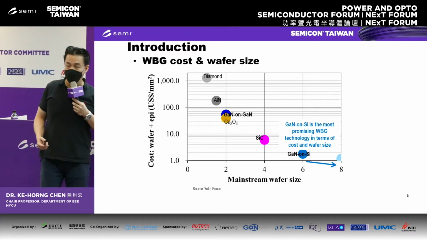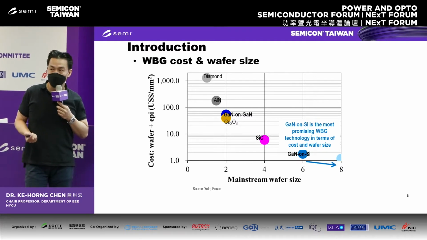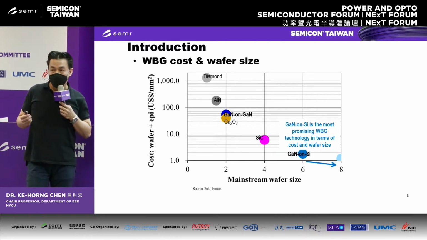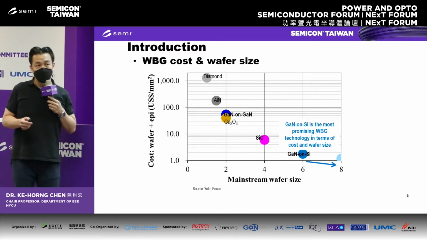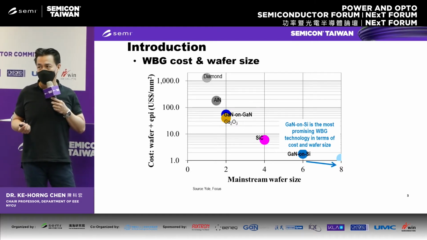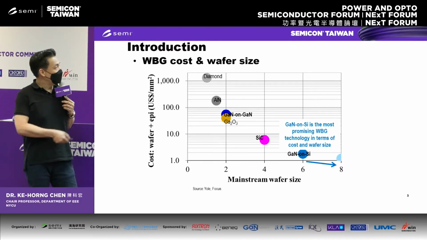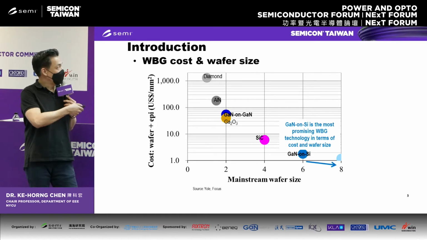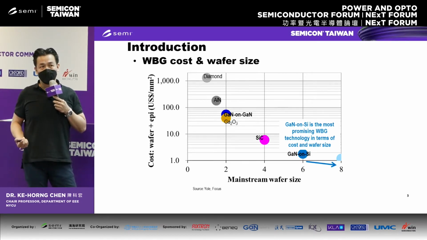For the current product, the current process provided by TSMC is 6-inch GaN on silicon process. It can have a good performance, but it still has many defects on this process. On the other hand, if we have the silicon carbide substrate, we can have a good reliability and performance.